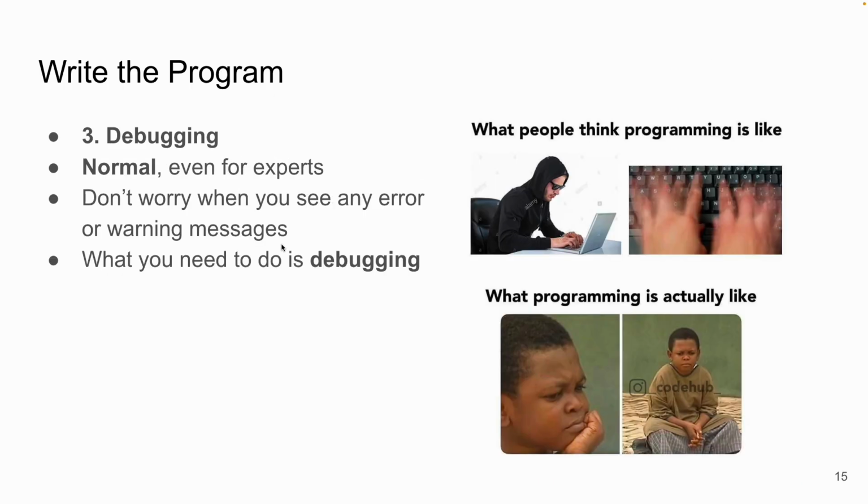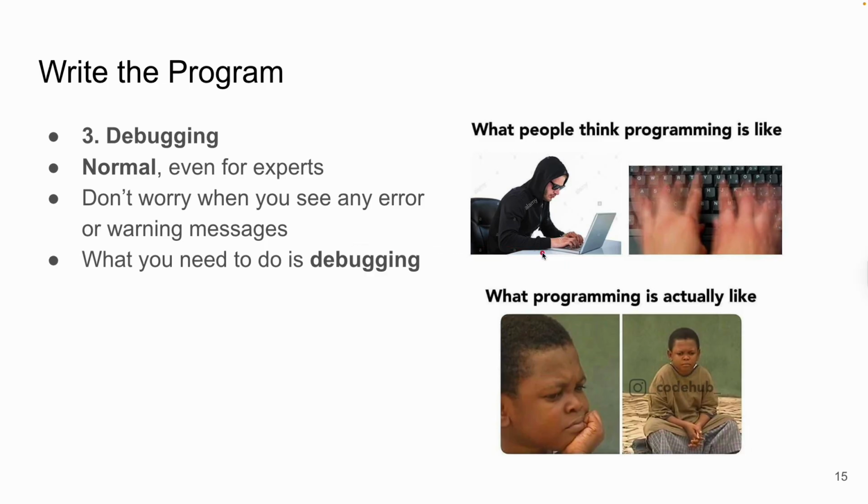It means that it is entirely normal to do debugging. Even expert programmers debug a lot. And I will say the skill of debugging is an essential skill for experts. Yeah.